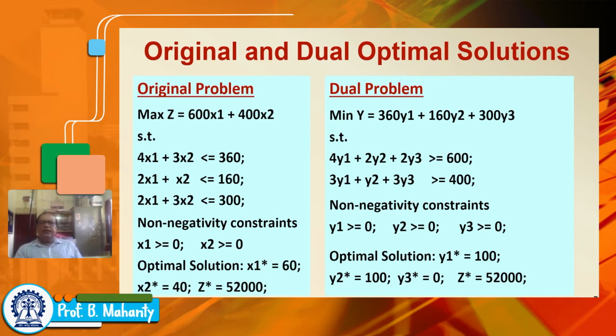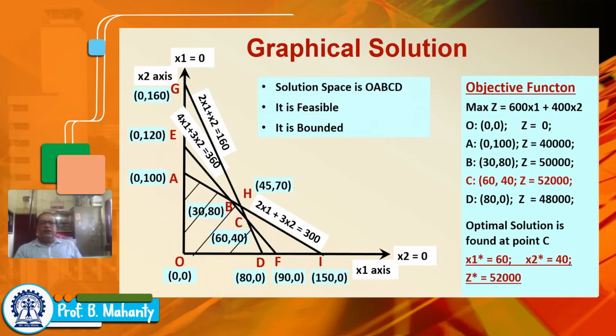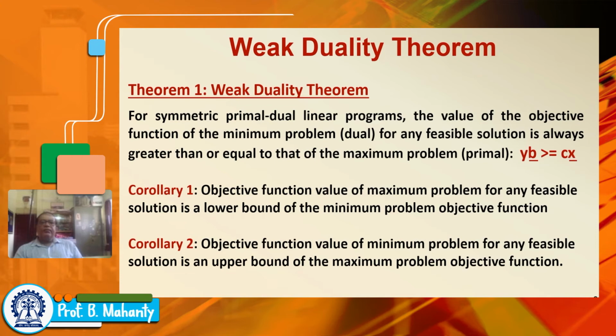I think these are easy to understand, and these are the two corollaries which come out from the weak duality theorem to begin with. We can only comment about the minimum possible value of the minimum problem and maximum possible value of the maximum problem. That is all we can say.